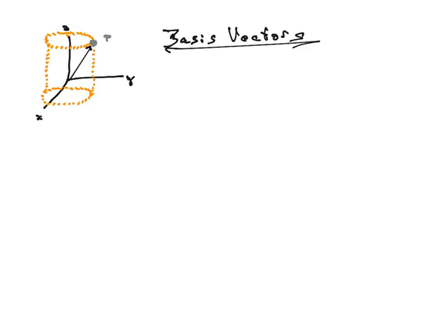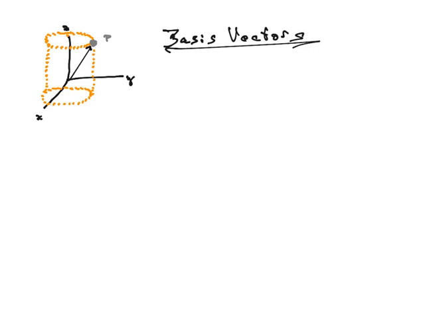So if I'm going to change a coordinate system to something else, that means I'm going to have three other directions, three other coordinates, but I still must follow the rule that I should be able to define any point in this space using these three coordinates.